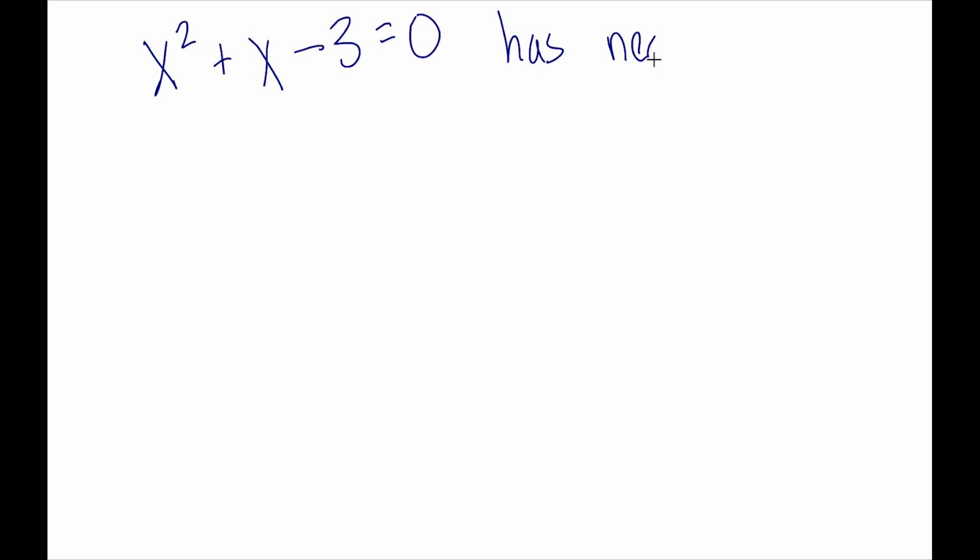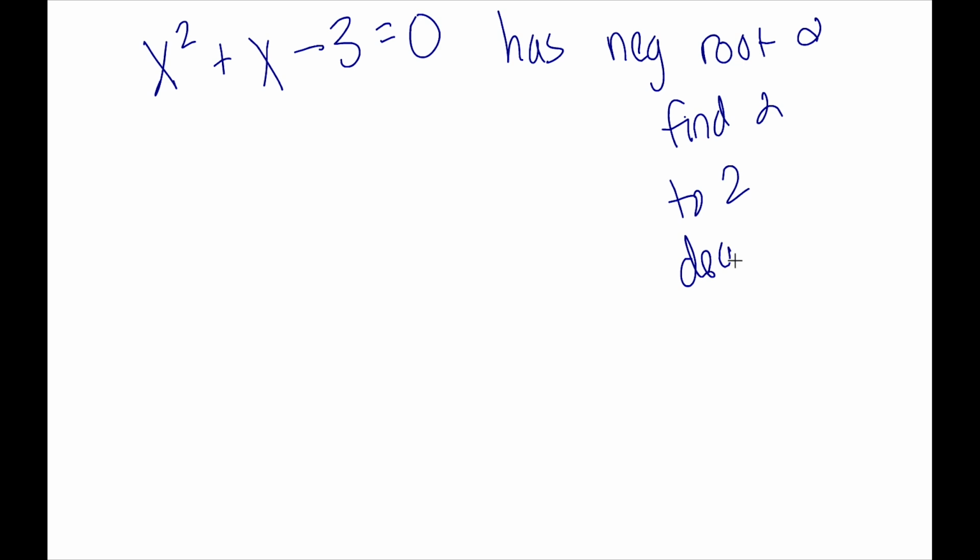Well, let's try another. X squared plus x minus 3 equals 0 has a negative root alpha. Find alpha to 2 decimal places. Okay, let's solve for the x.